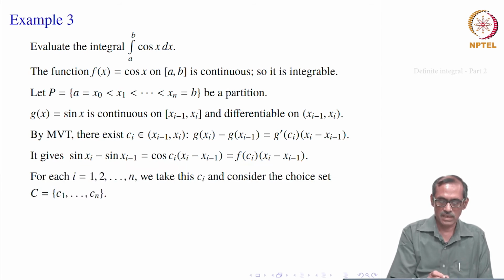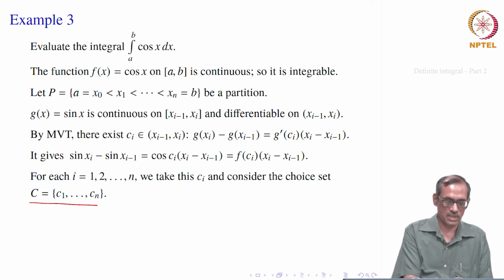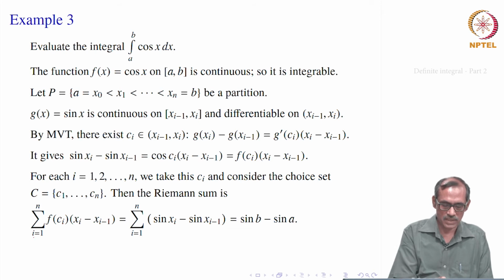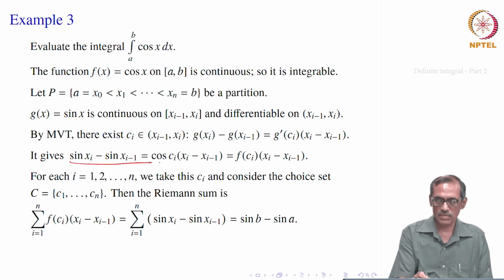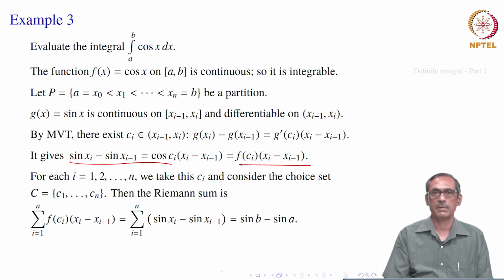Now, we have to take the Riemann sum. We choose our points c i, that choice set, as these c i's. With this choice set c equal to c 1 to c n, the Riemann sum, which is the summation of f of c i times x i minus x i minus 1, is now equal to the summation of sin x i minus sin x i minus 1.